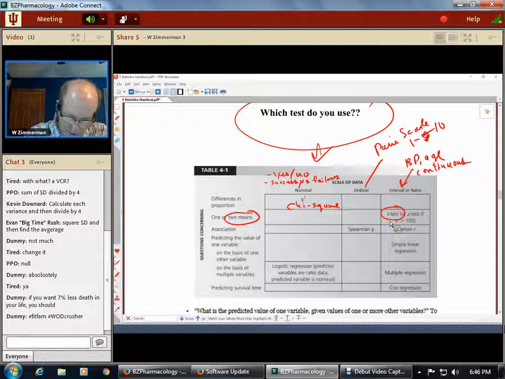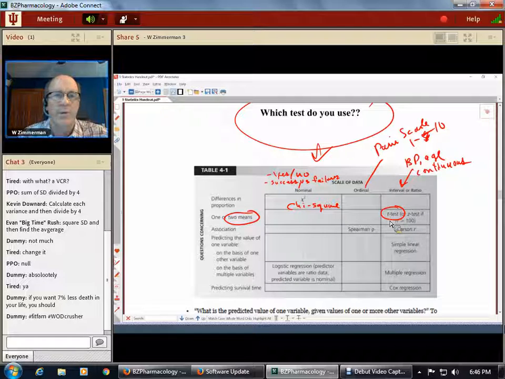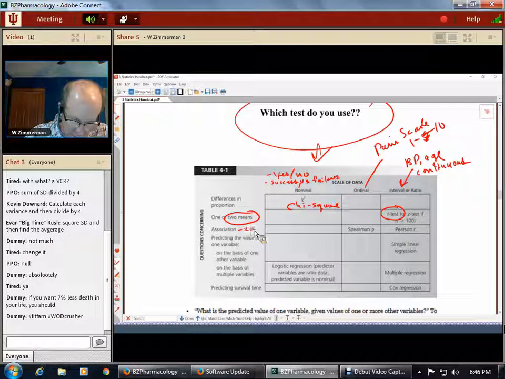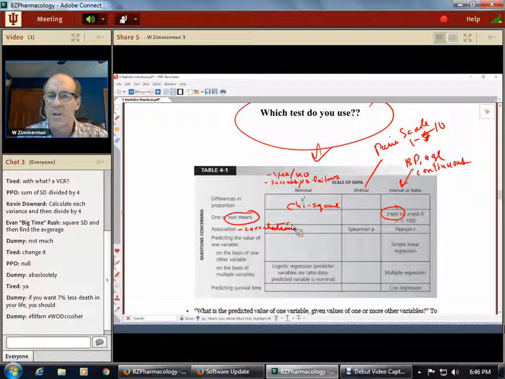If it's an association, we really don't have time to talk about that, but this is a correlation. Spearman and Pearson can be used depending on what kind of data it came from. Your book talks about it in a little bit more detail. If you want to know more, I'd say go. The book is wonderful, you guys, because it was written by an MD who understood what medical students needed.